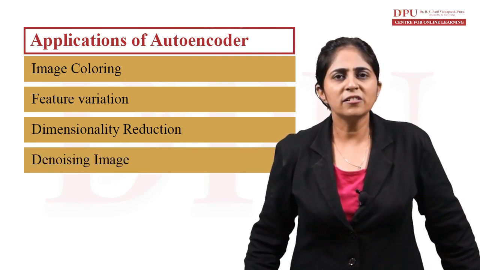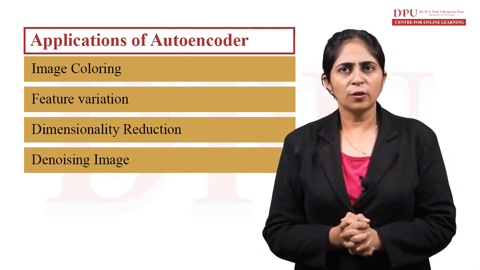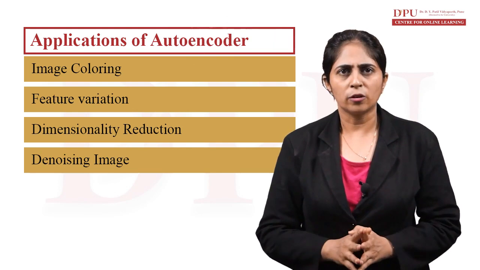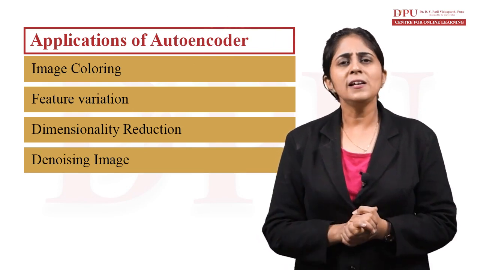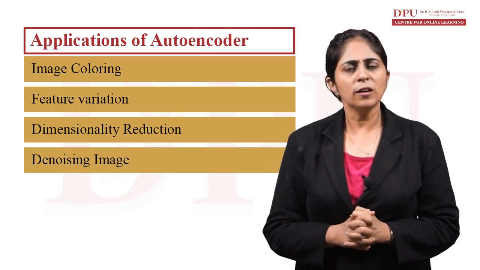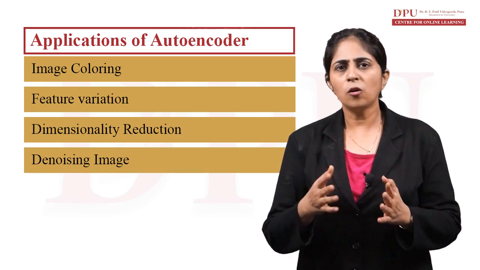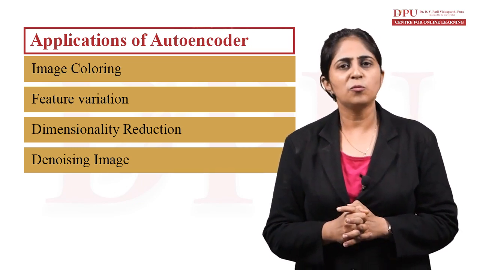Coming to the next application, that is denoising image. The input seen by the autoencoder is not the raw input, but a statistically corrupted version of it. So what does a denoising autoencoder do? It is trained to reconstruct the original input from the noisy version.